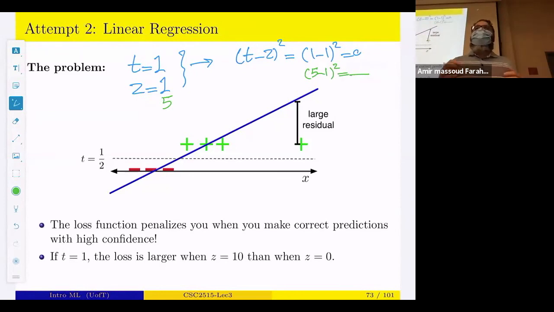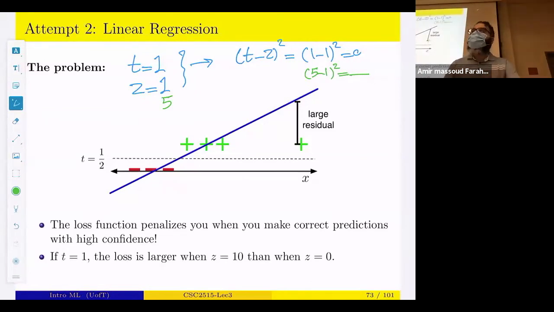So when you know that Z being positive is the correct answer, but you're very positive, then you are being penalized a lot. So this is the argument that this loss function may not be a very good loss function, and it does not work even if your linear model is performing correctly.